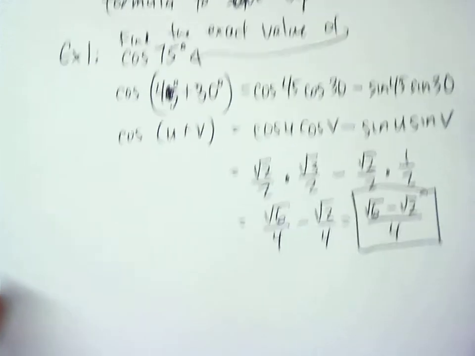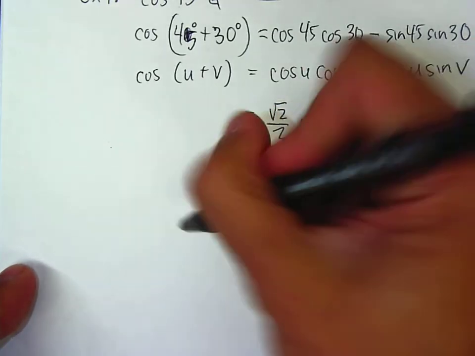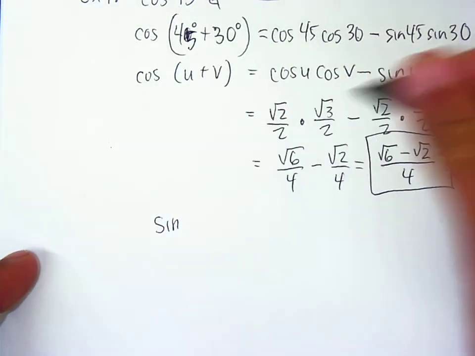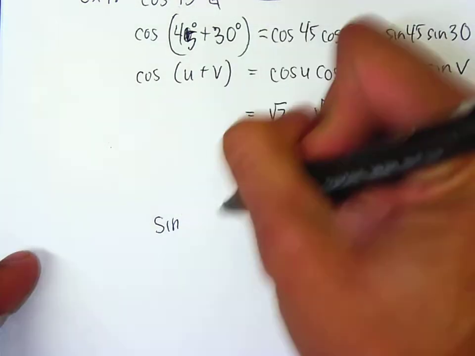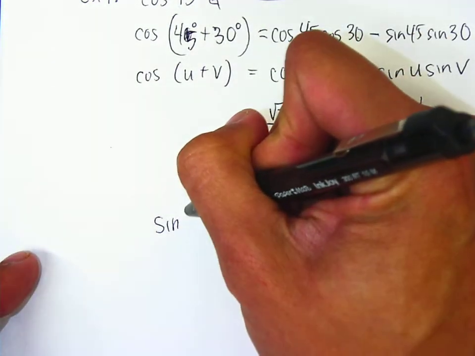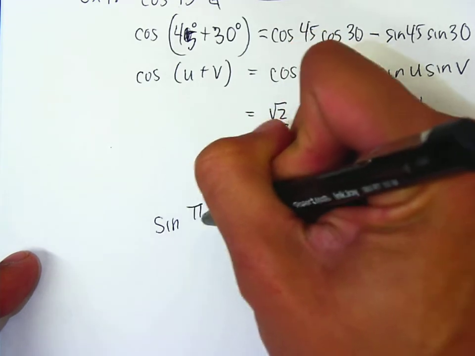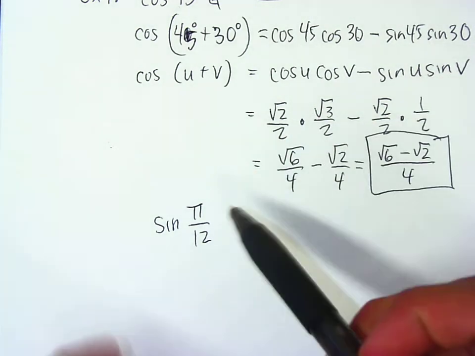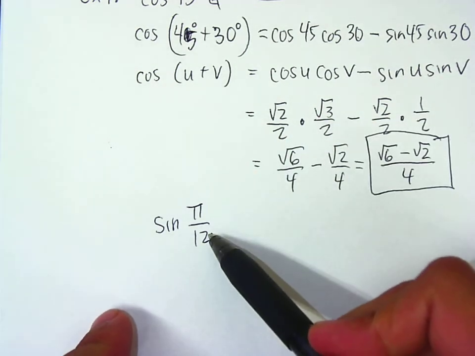Okay? All right. Now that you kind of know how to do it, I'll just show you how to break it down in radians if you have something like that. So same problem, except now they're asking for the exact value of sine of pi over 12. Well, on my unit circle, there isn't a pi over 12.